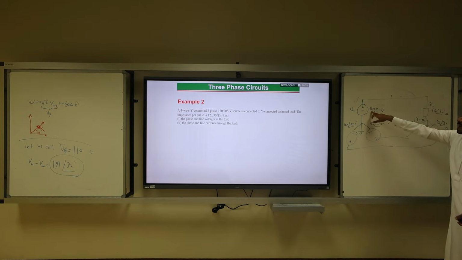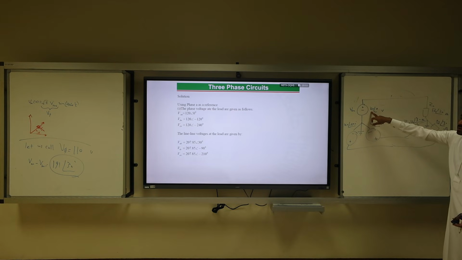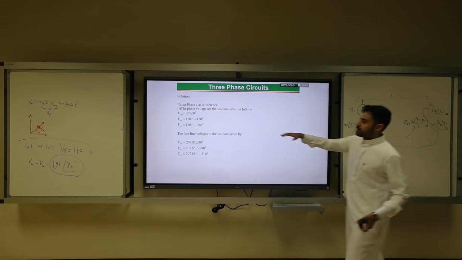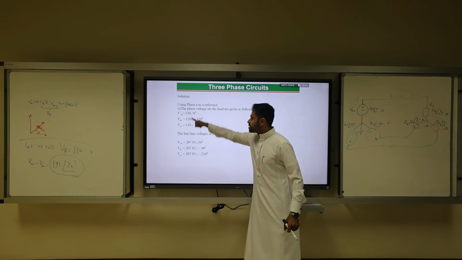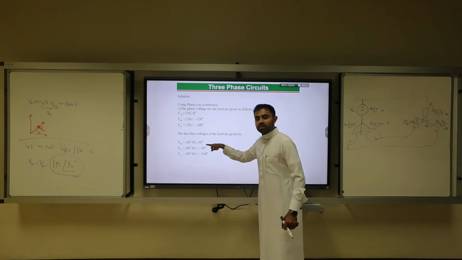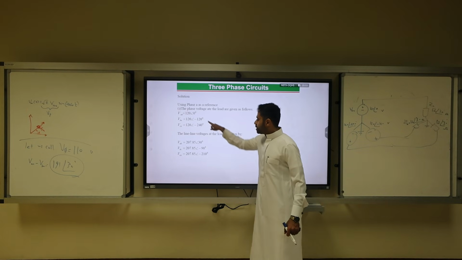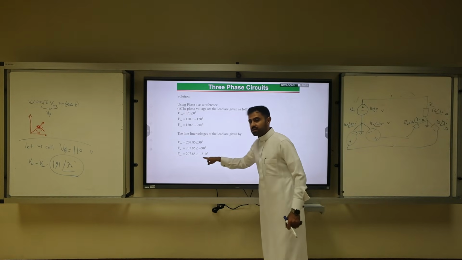If I want to use the line voltage, I multiply by square root of 3 at 30 degrees. So this is the solution. The phase voltages are the same, but the line voltages are multiplied by square root of 3 at 30 degrees. So here: minus 120 plus 30, minus 240 plus 30 degrees.